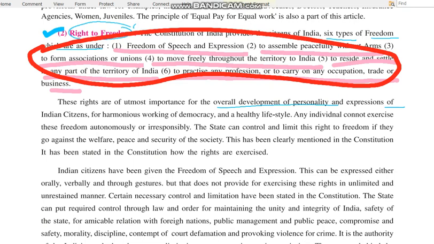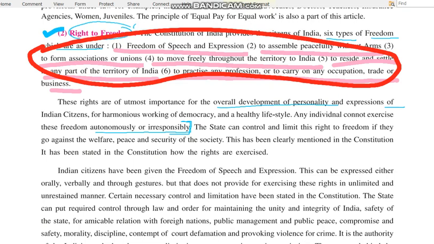Any individual cannot exercise this freedom autonomously and irresponsibly. The constitution gives you freedom, but you cannot use this freedom when it damages the freedom of another person. You cannot use this freedom in such a way that it hinders the freedom of the other person or the society.